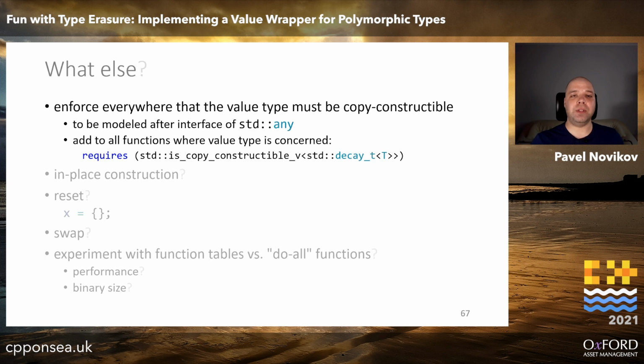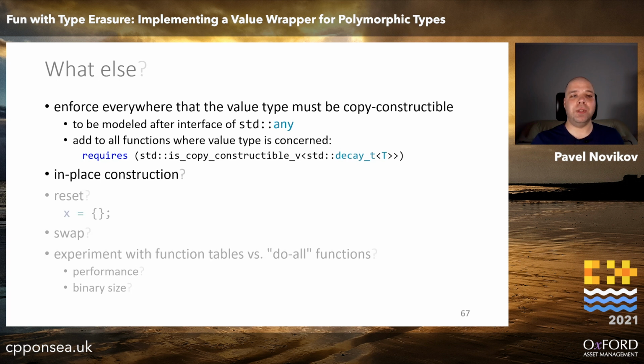This is modeled after std::any, which requires that all the types that we put into std::any are copy constructible. We can do this by slapping a requires clause across all the functions that receive template arguments.